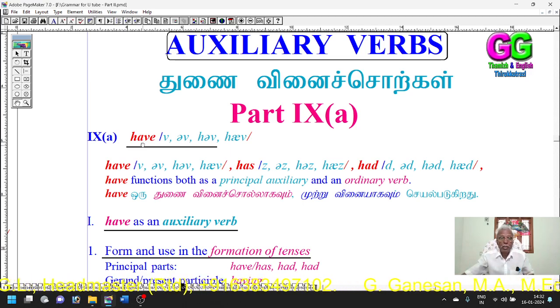When it is used as an auxiliary verb, we have to use one of these three kinds of pronunciations. When it is used as an ordinary verb, that is as a finite verb, we have to use the pronunciation have.